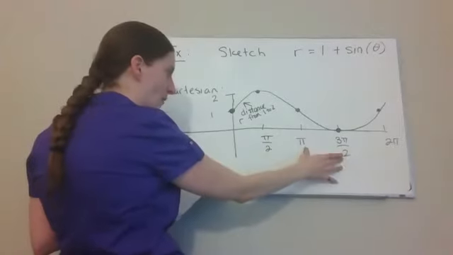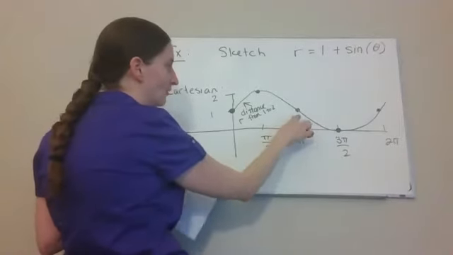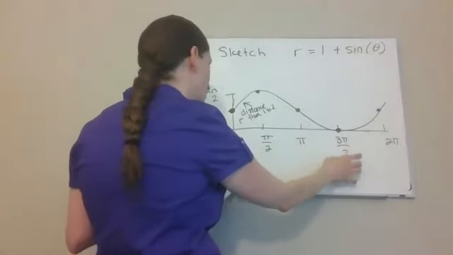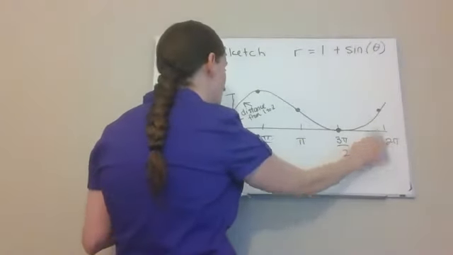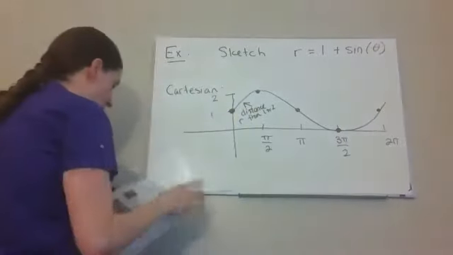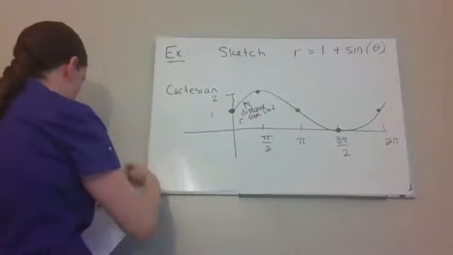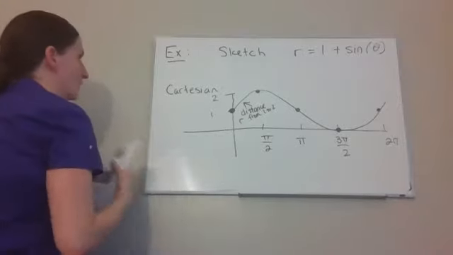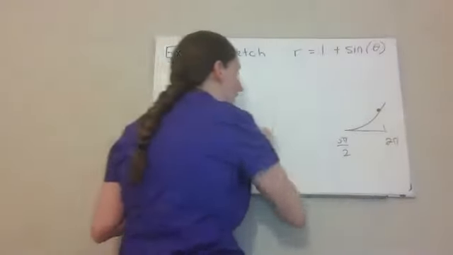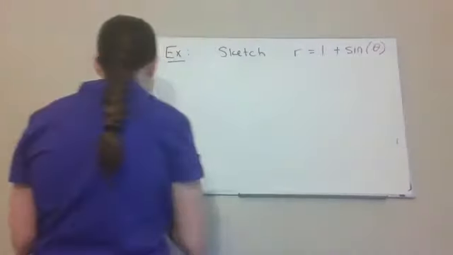Between pi and 3 pi over 2, my distance is decreasing from 1 to 0. And between 3 pi over 2 and 2 pi, my distance increases again from 0 to 1. So if I put that information all together, I get what the graph of r equals 1 plus sine theta looks like as a polar curve.